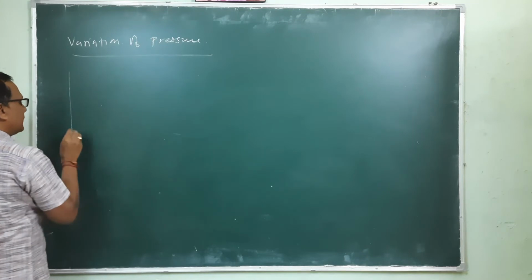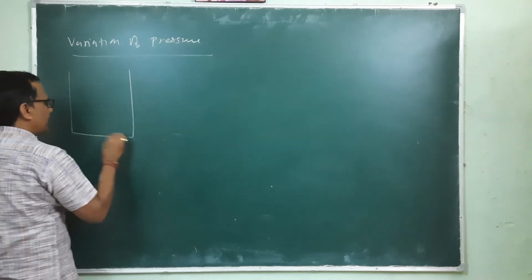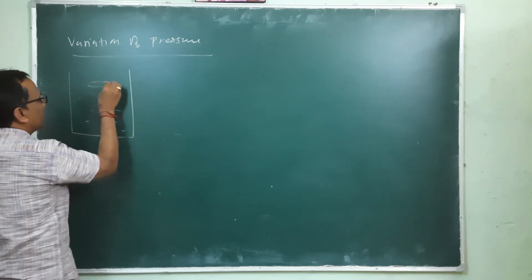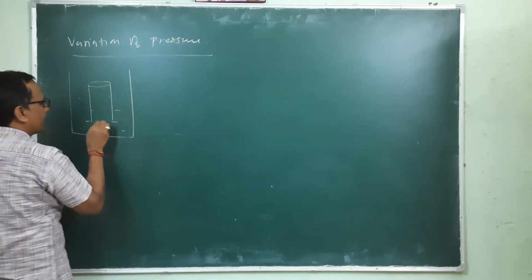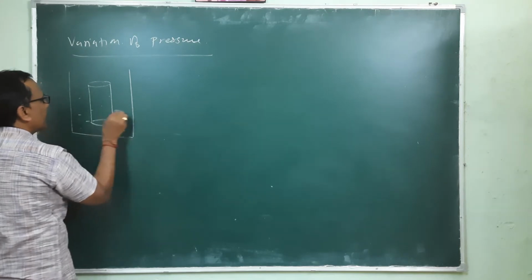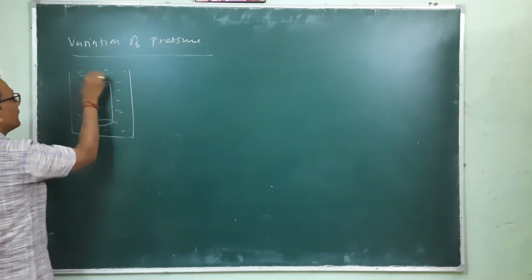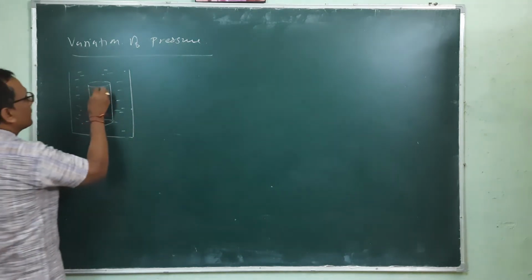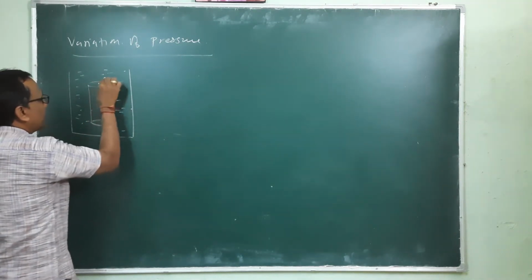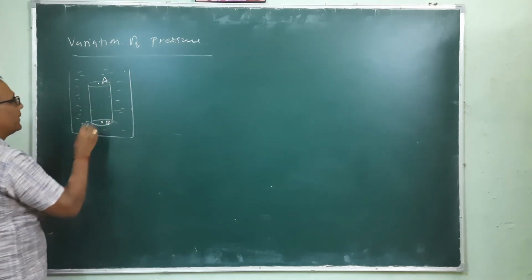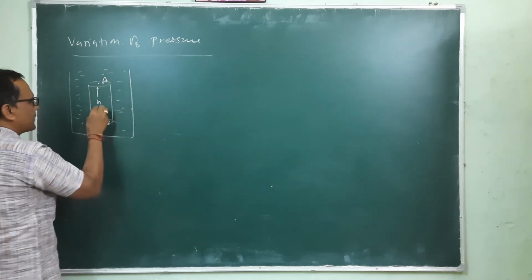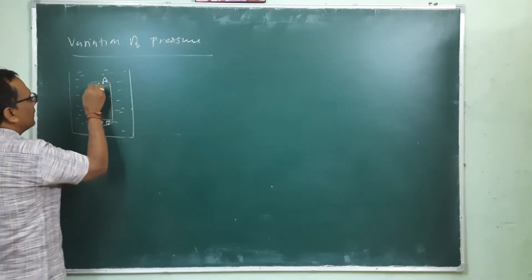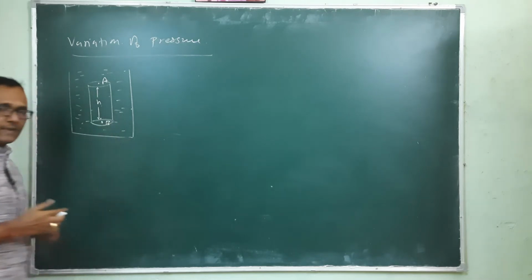Let us have one container filled with liquid, and there is one cylindrical object in this container, and we can calculate the pressure here. This is point A, and also the pressure here, and this height is h, and we can check the cross section area or the radius of this cylinder.